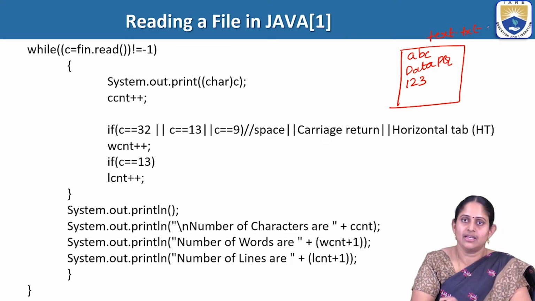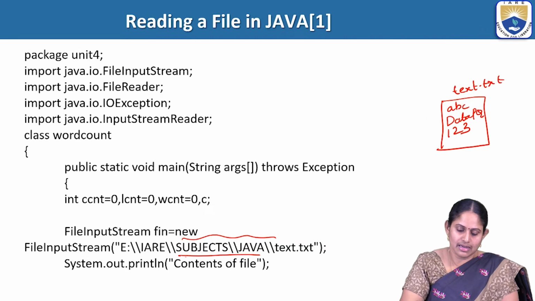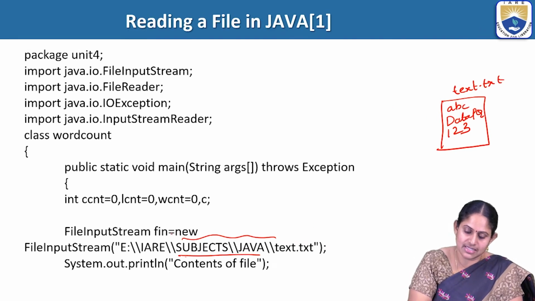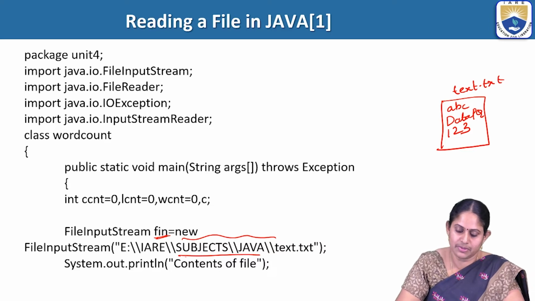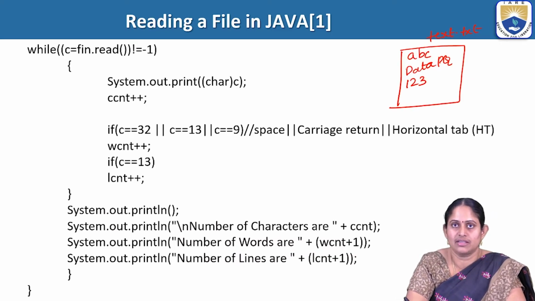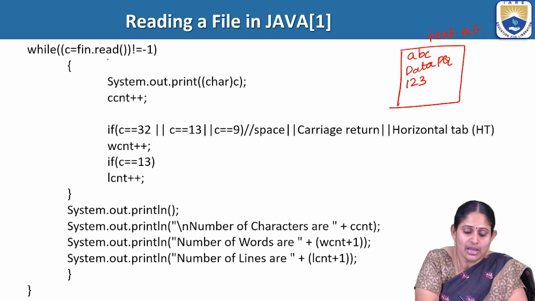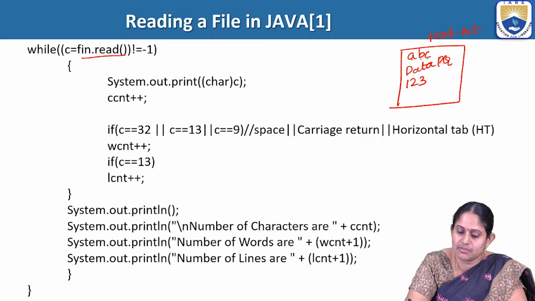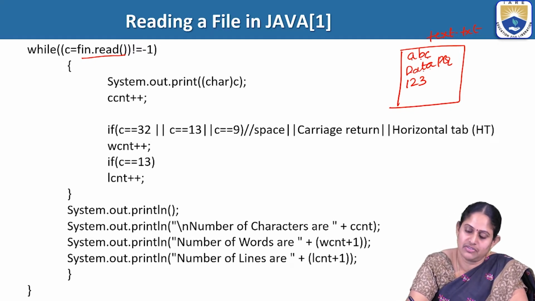So I'm opening it. I created the object of this particular type, and I'm reading the characters stored in this file. I'm making use of the read method. This read method will read character by character, and it will return its corresponding integer value.